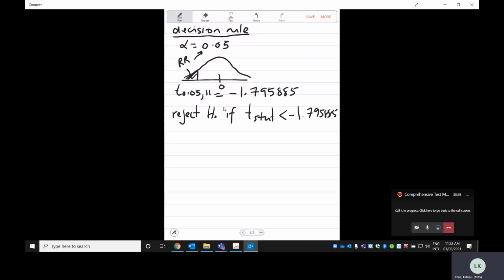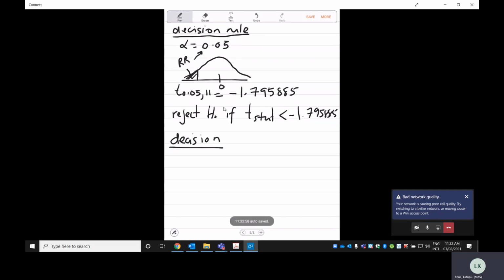Okay, so next thing is our decision. With the decision, we now decide, should we reject H naught or should we fail to reject? So we look at our T-stat, or T calculated.